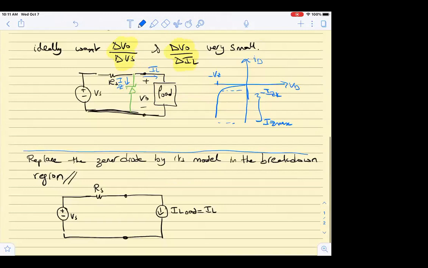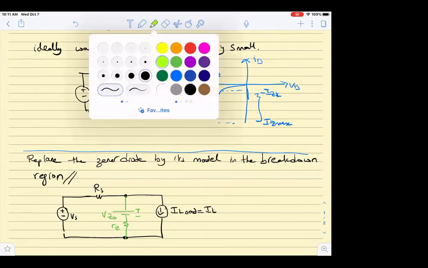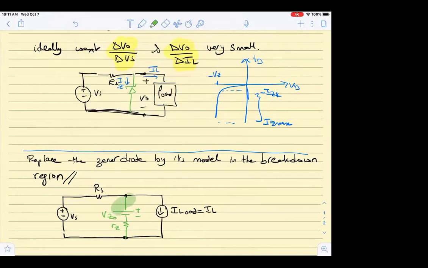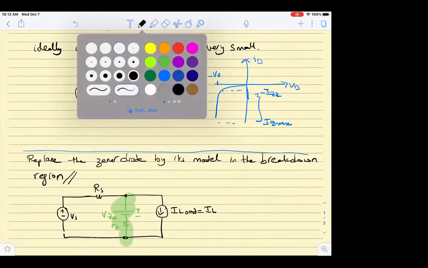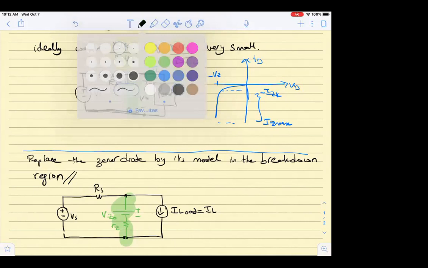I can draw in its place VZ0 and RZ. This is the model that we will substitute for the diode. So anytime we see a Zener diode, we can replace it by its model. Great.